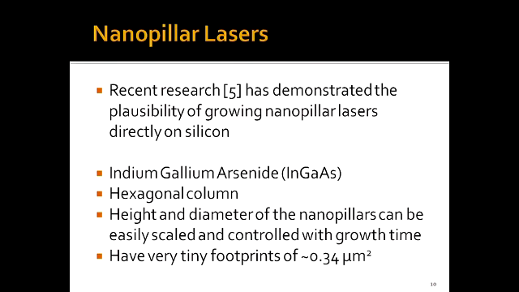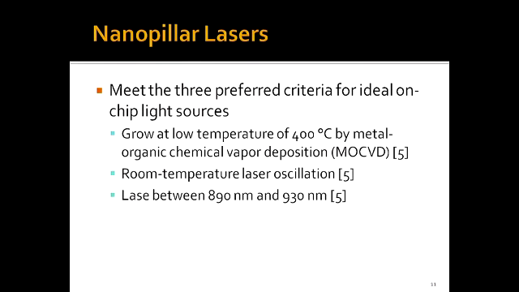It's kind of like an upside down cone, and the height and diameter of the nanopillar can be easily scaled and controlled with the growth time. And since it's very small, it's optimal for high density usage on the silicon. So these nanopillars do in fact meet the three ideal criteria because they can grow at low temperatures.